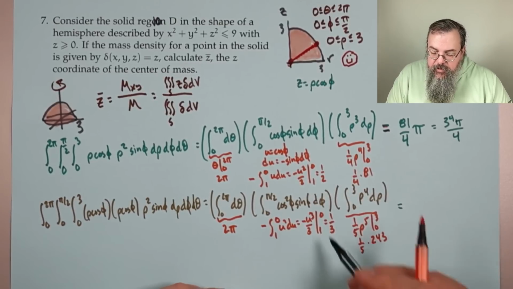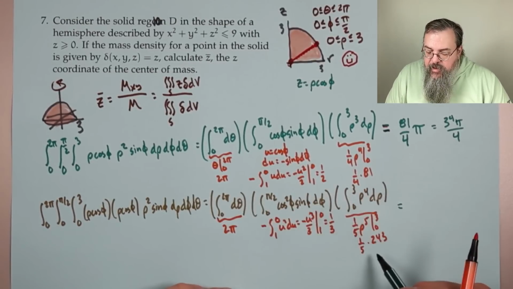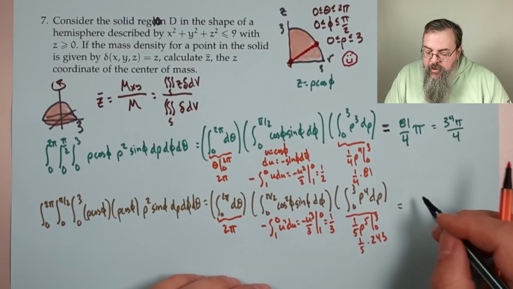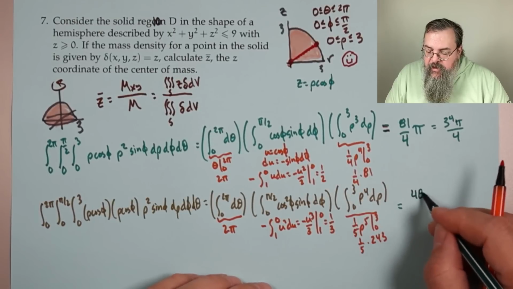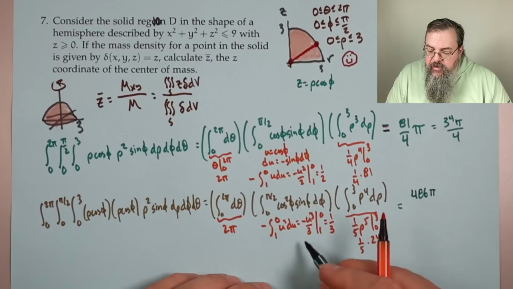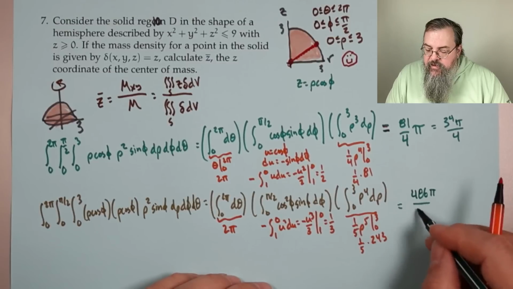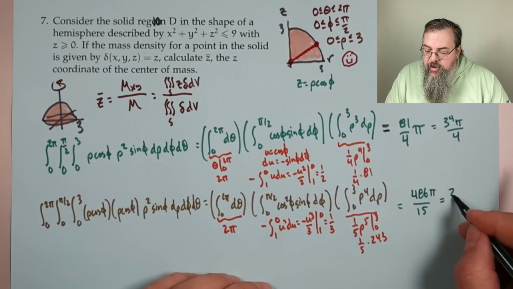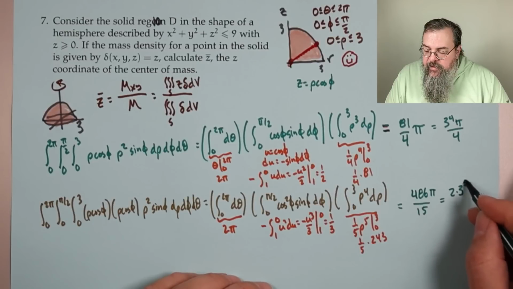That doesn't cancel. Previously 2 canceled with half, but now it doesn't cancel with anything. So we have 2 times 243, which makes 486 pi. Downstairs, we have a 3 times a 5, which makes 15. But we really can say, look, this is really 2 times 3 to the 5th pi over 15.